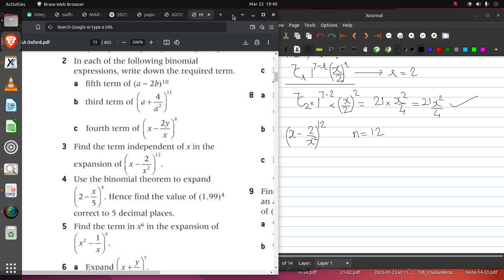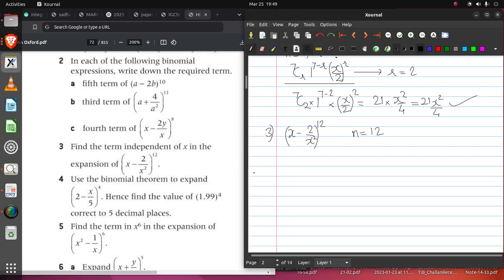So you have to understand what is the meaning of independent of x. What they are saying is, in this expansion there is going to be one term which is independent, which means there is no x in the term. In other words, it means the same as the power of x is 0. Simple. So I'll first write the general term, which is 12cr x raised to 12 minus r into (minus 2 by x square) raised to r.